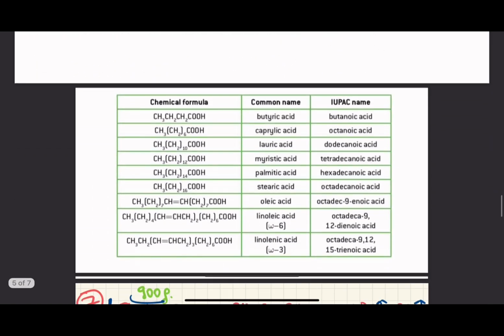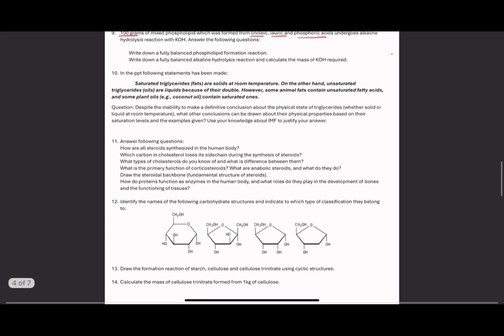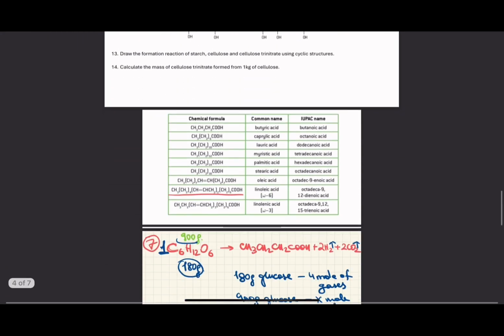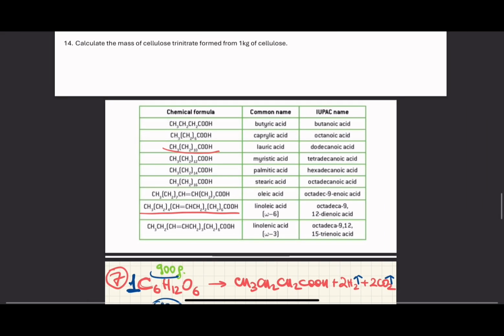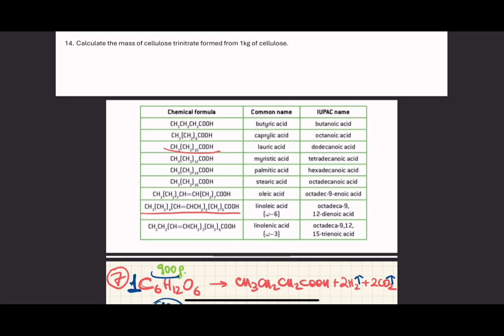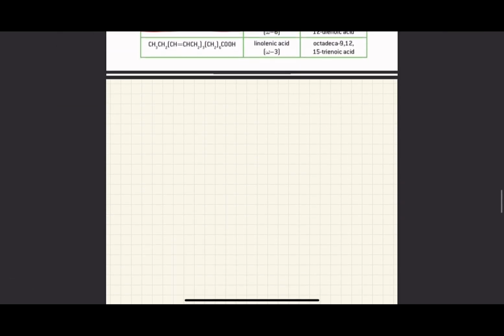Linoleic is this one in here, and then the other one we have is lauric. Lauric acid is this one. So you need to write the reaction in here, which is going to give you phospholipids.